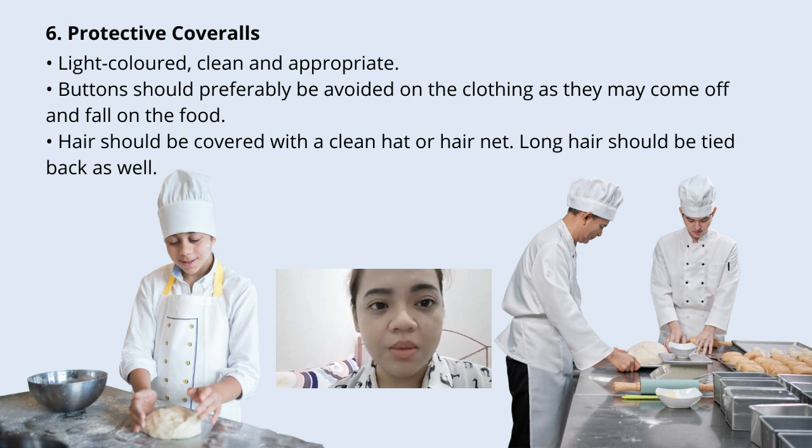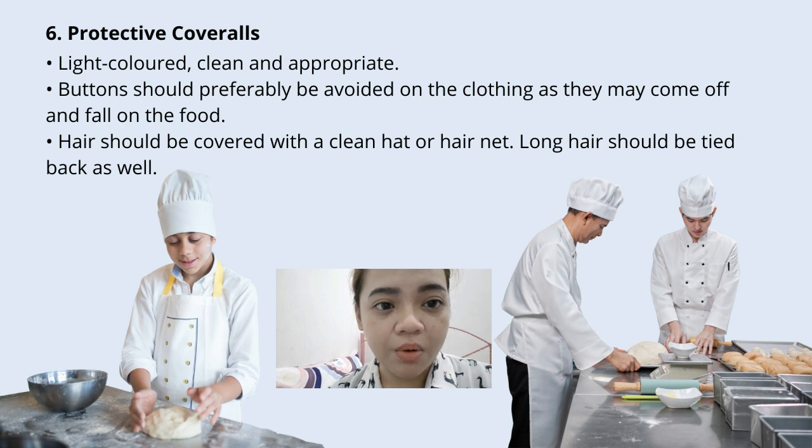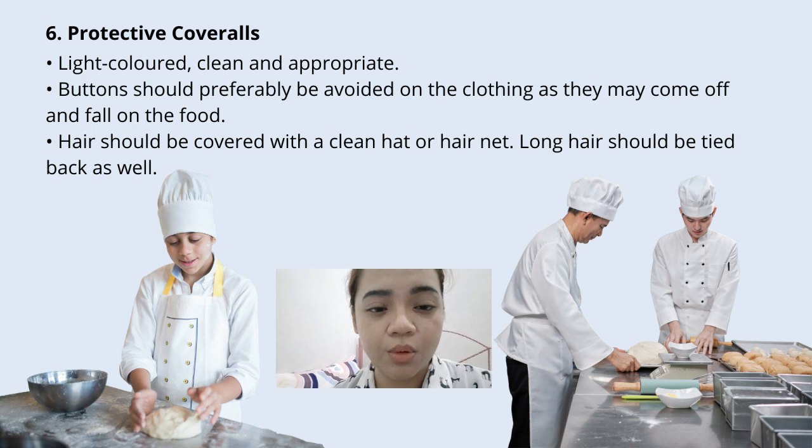These should be discarded when damaged, soiled, or when interruption occurs in the operation. 5. Wear a mouth mask when handling food as far as possible. They should be discarded when damaged, soiled, or after prolonged use. And the last, wear close-toed shoes.